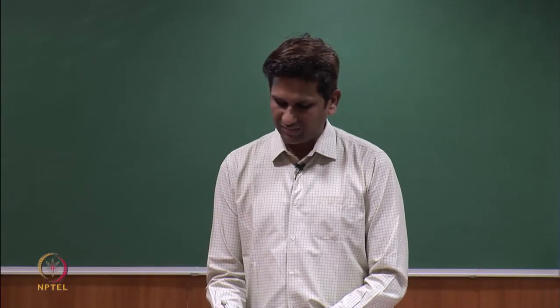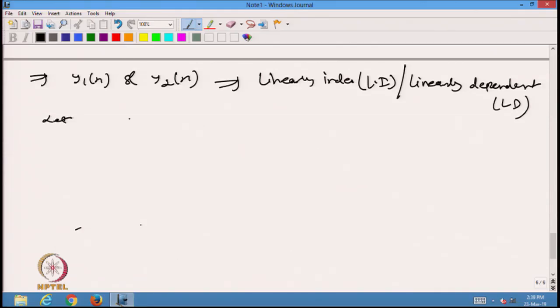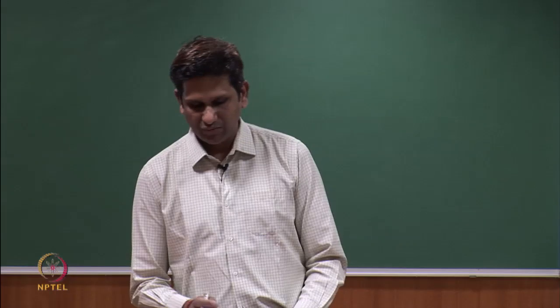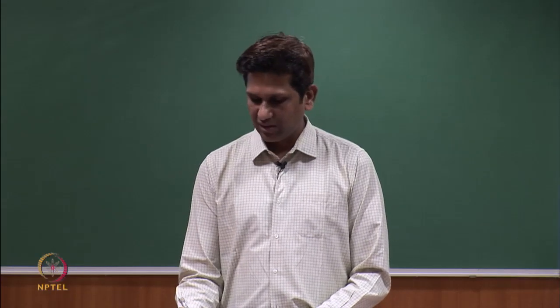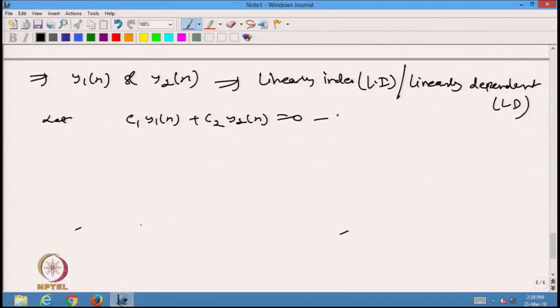Take the linear combination: C1 y1(x) + C2 y2(x) = 0. That is the criterion to check whether they are linearly independent or not. We take the linear combination and put it equal to 0. I call this equation number 3. Now I have two variables, C1 and C2, which I want to find.